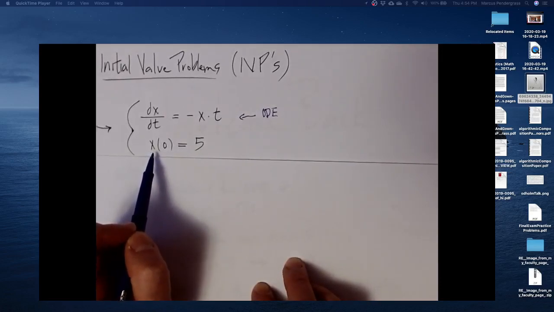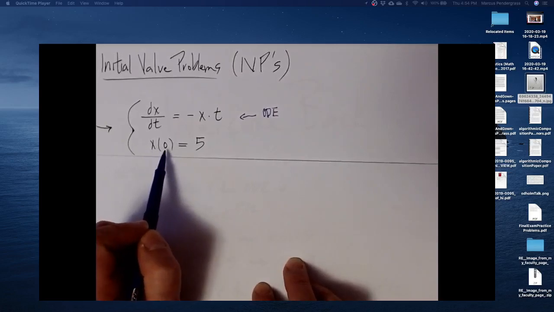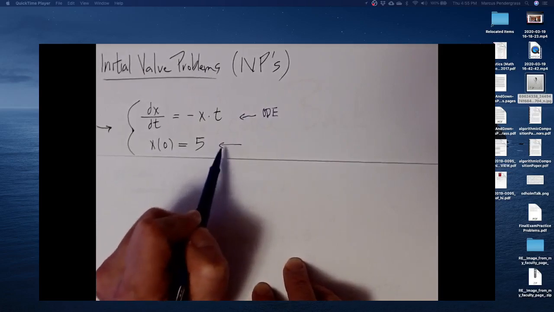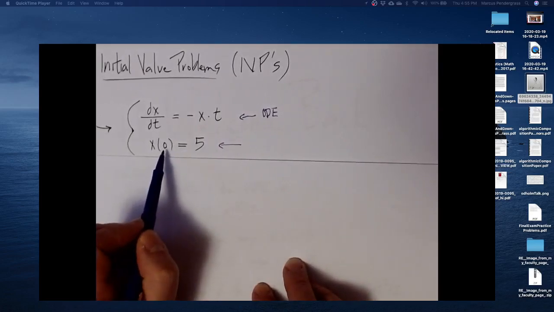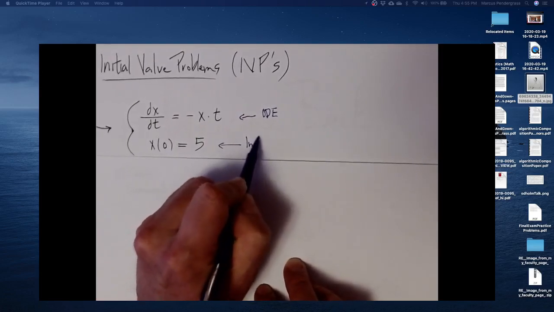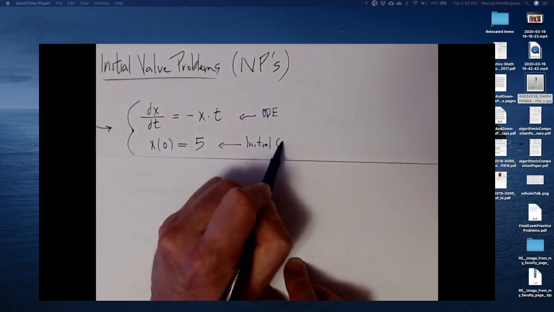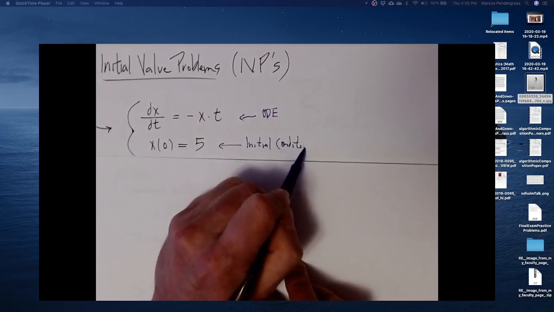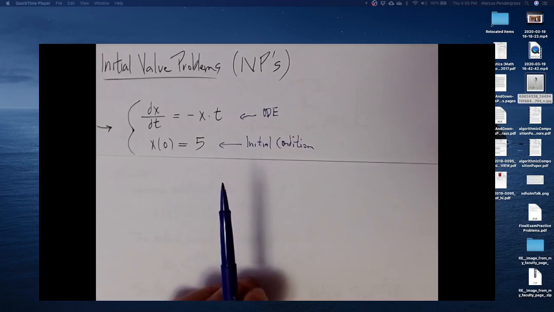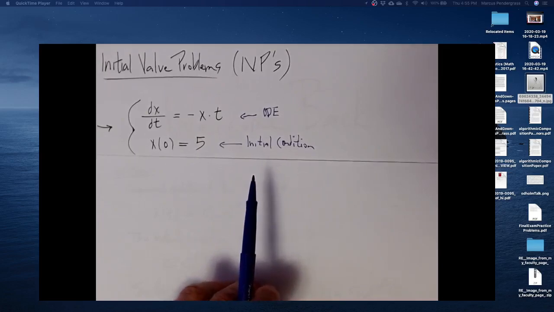I ask that the function, when evaluated at time t equals 0, be equal to 5. So when the input is t equals 0, the output of our solution should be 5. This is called the initial condition for the problem. And those two things together, the ODE along with an initial condition, are called an initial value problem.